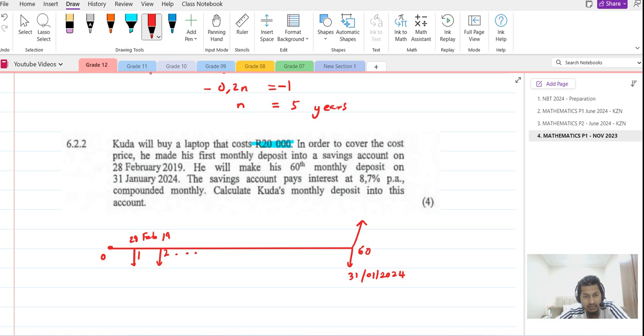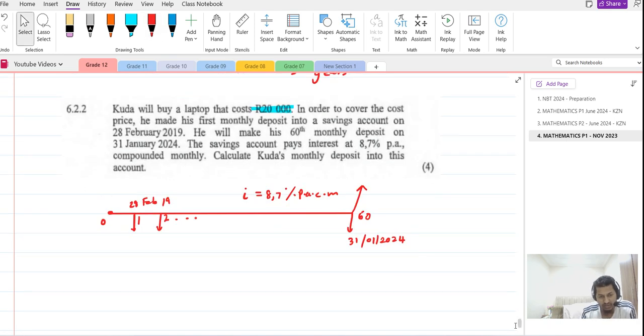The savings account pays interest at 8.7%. So interest is 8.7% per annum compounded monthly. Calculate Kuda's monthly deposit into this account. So we want to solve for x, so make sure to use the future value annuity formula.